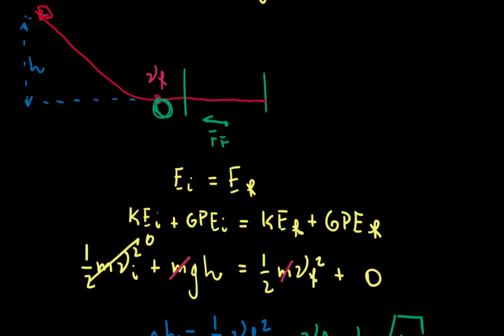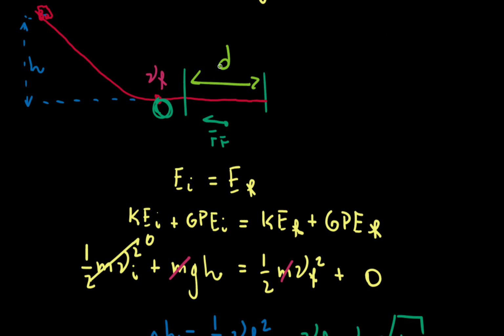Okay. Now the last thing is there was a frictional force here, and now he asks you about the stopping distance, right? I think he asked you about the relationship between the height and this stopping distance d. Now, if you think about it, the displacement vector is going to be pointing to the right, and force of friction is going to point to the left.